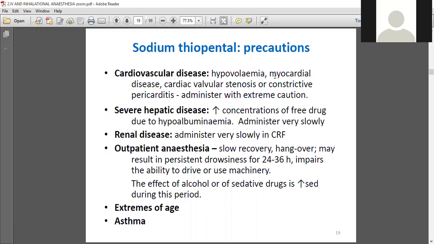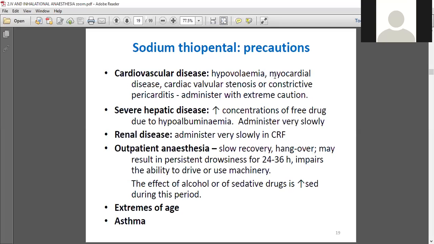In severe hepatic disease you have hypoalbuminemia, and remember we said the drug is highly protein bound, so you give with caution because there will be excessive concentrations of the drug if you give the normal dose. In renal disease, you administer very slowly because the drug is supposed to be excreted through the renal system, and renal disease also has hypoalbuminemia.